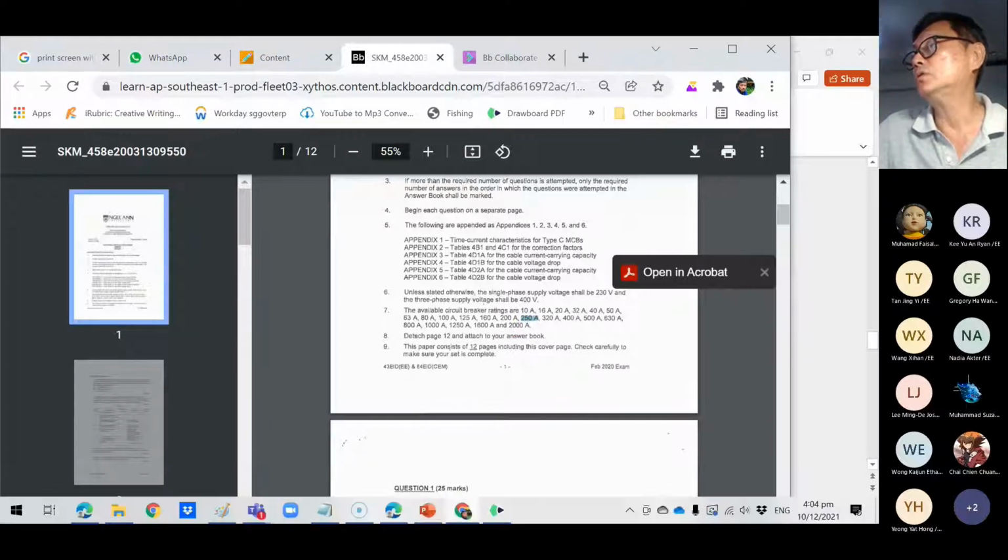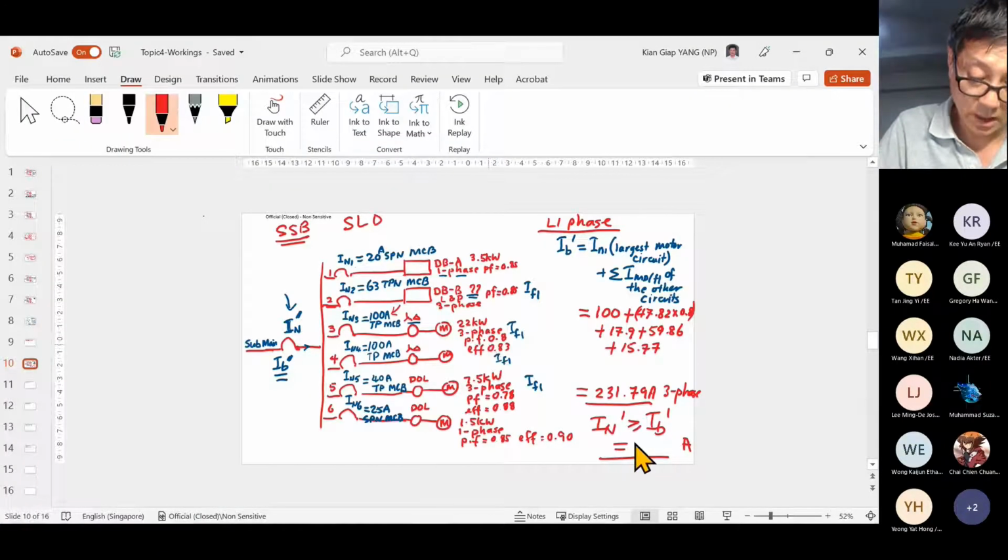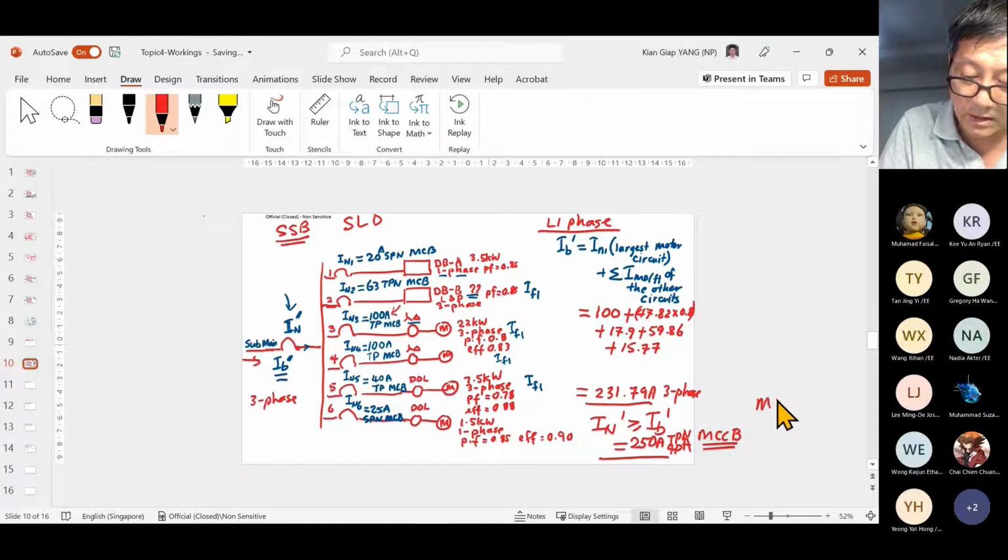So I will choose 250 ampere as my circuit breaker. Now incoming is three phase. So three phase means I use either TPN or 4-pole MCCB, because there is no circuit breaker of such a high value.